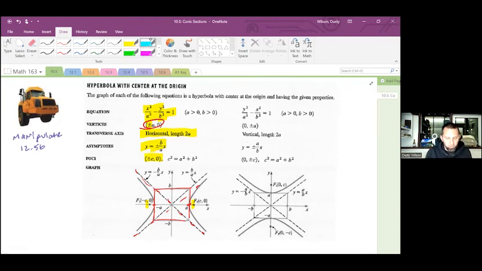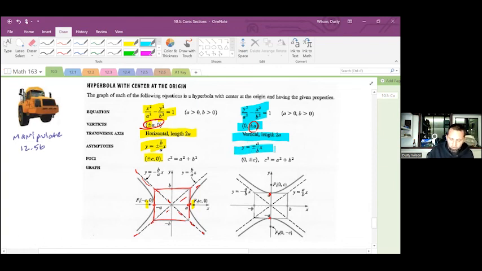For the other version, y squared over a squared minus x squared over b squared equals 1, now the vertices are at 0 comma plus or minus a. So here, your vertices are up and down instead of side to side. You're going to have a vertical length of 2a. Again, you have asymptotes, but here they're at y equals plus or minus a over b x.